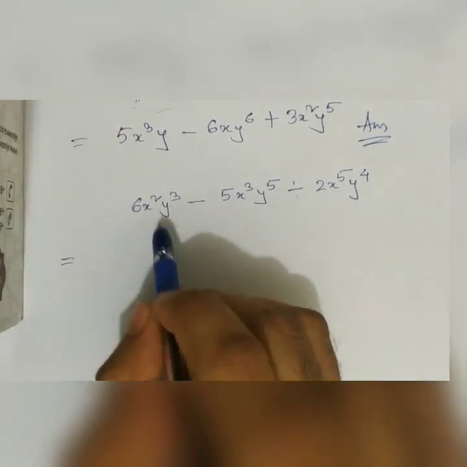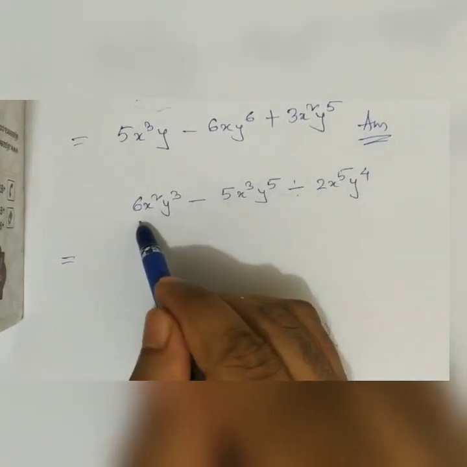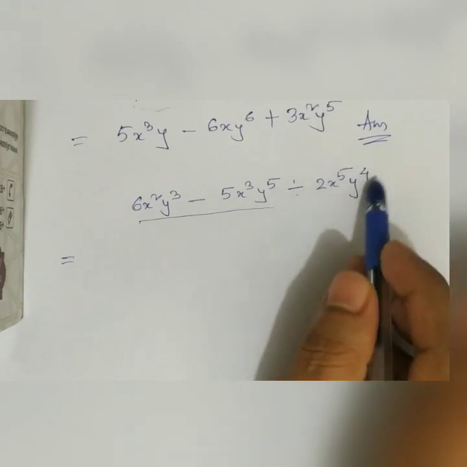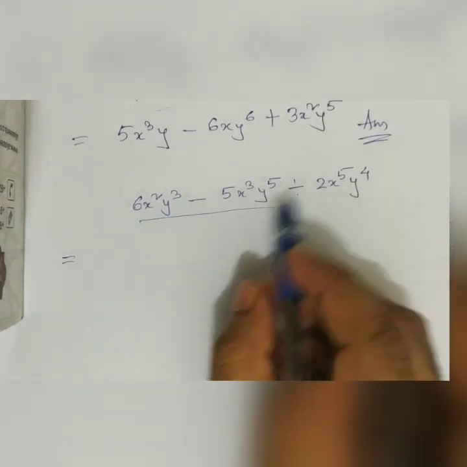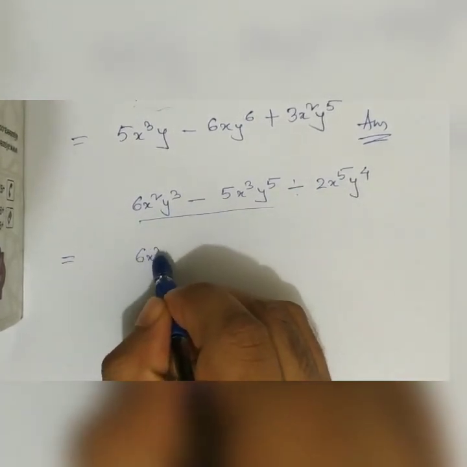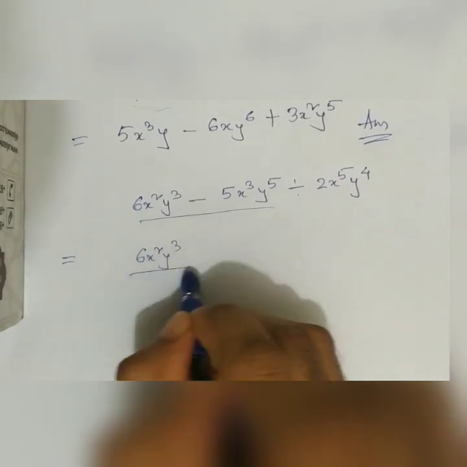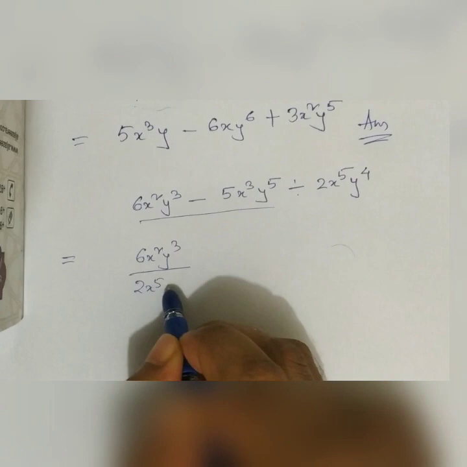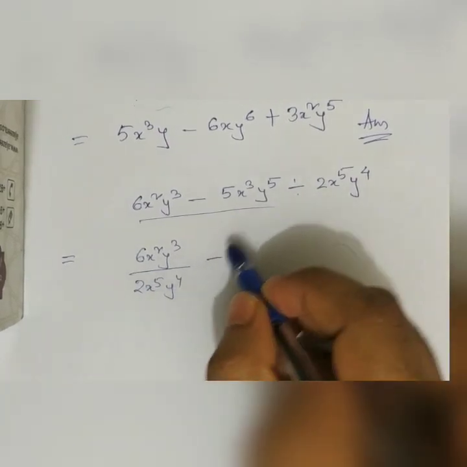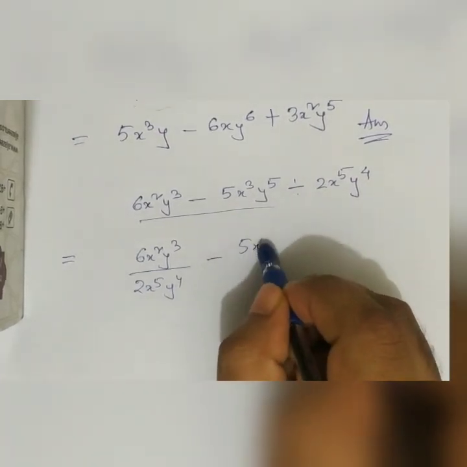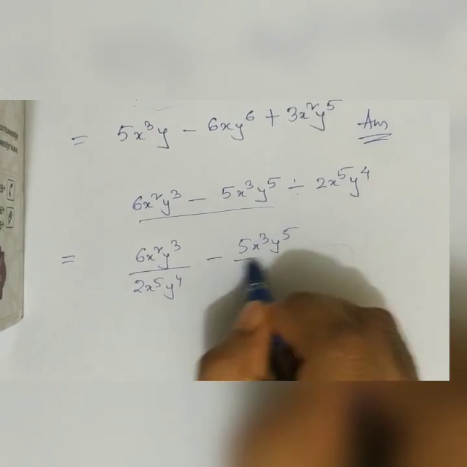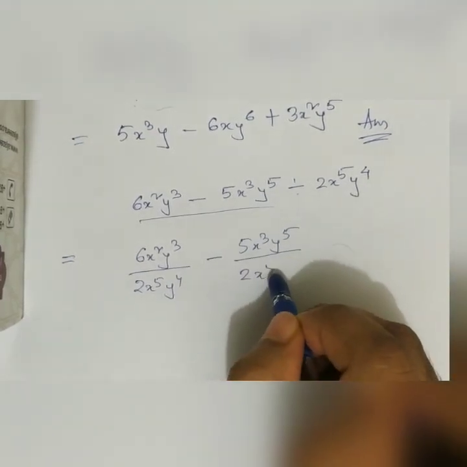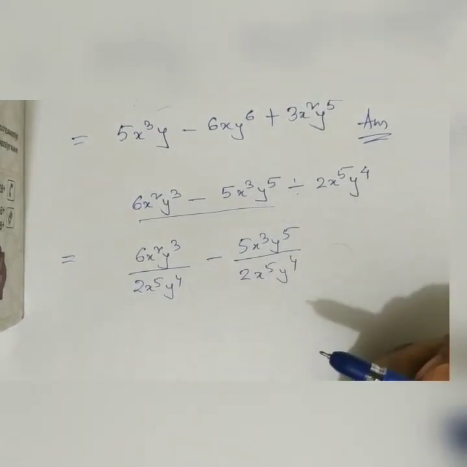So very simple, this is also a polynomial, we are dividing this with a monomial. So again we write the same way, 6x square y cube divided by this monomial 2x^5 y^4, minus 5x cube y^5 divided by 2x^5 y to the power 4.